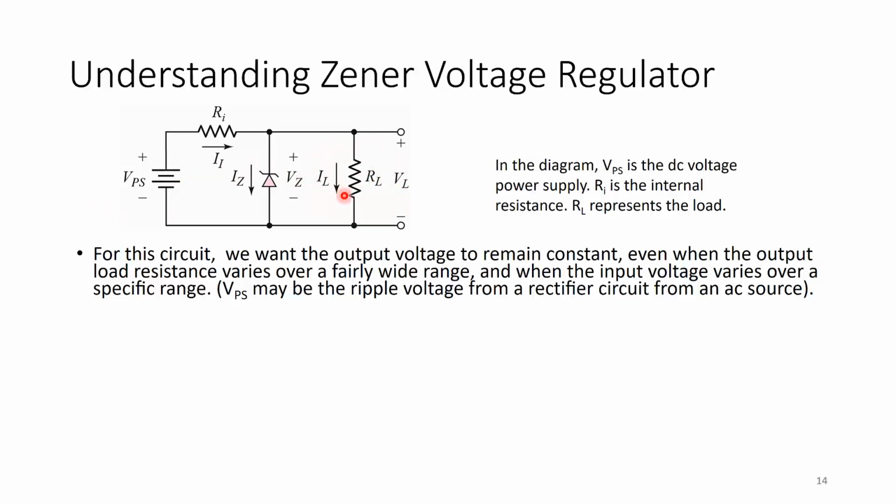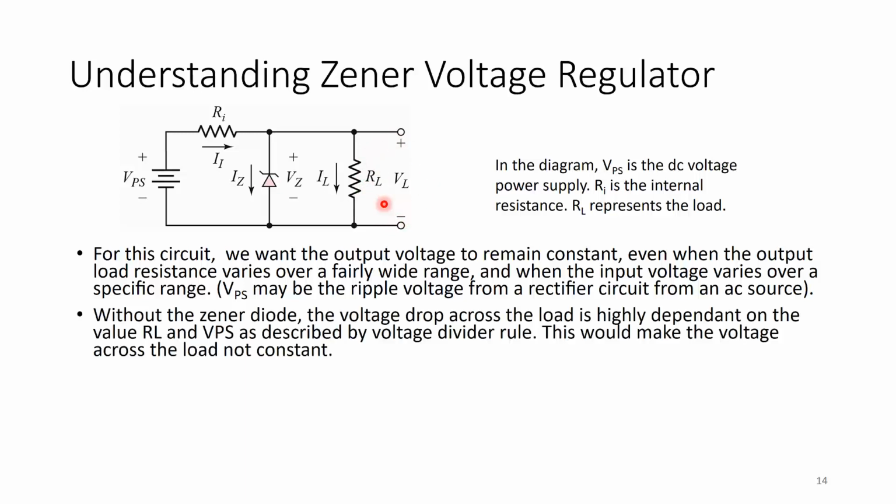Let's say RL is a sensitive load, and we just want it to be applied with VL. Without the Zener diode, let's say we take the voltage VPS directly connected to RL, because RL needs a DC voltage, so you just take it out and you don't have a regulator in the middle.